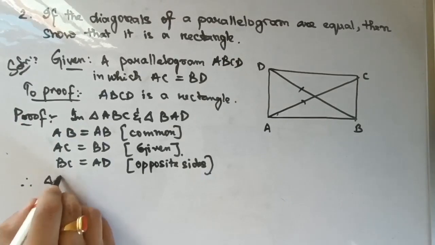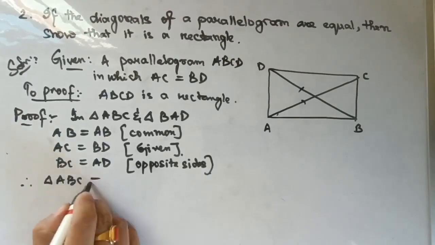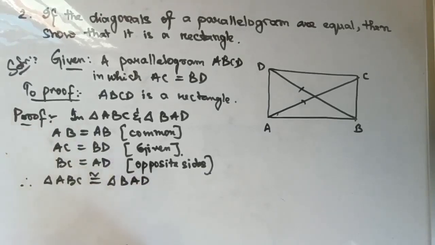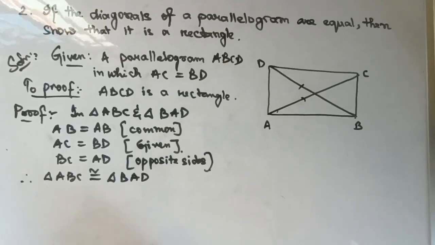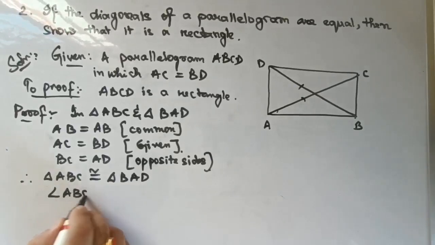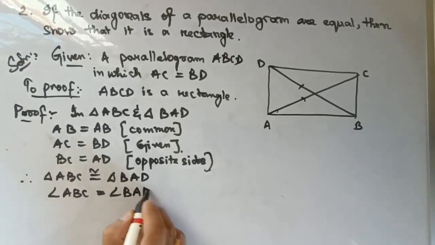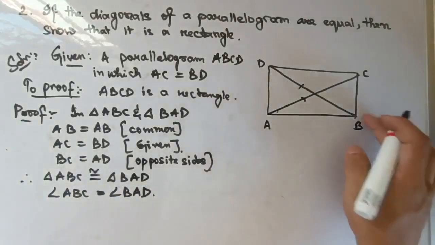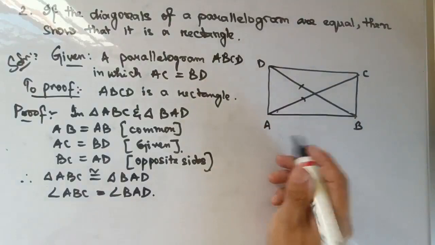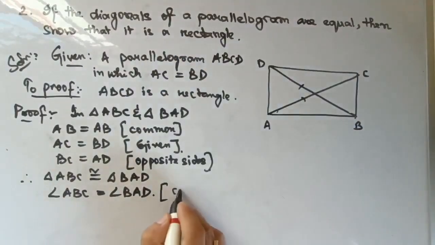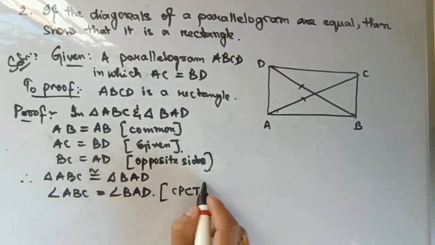Therefore, triangle ABC is congruent to triangle BAD. Now, since these two triangles are congruent to each other, we can say that angle ABC is equal to angle BAD. These are the corresponding parts of the congruent triangles.